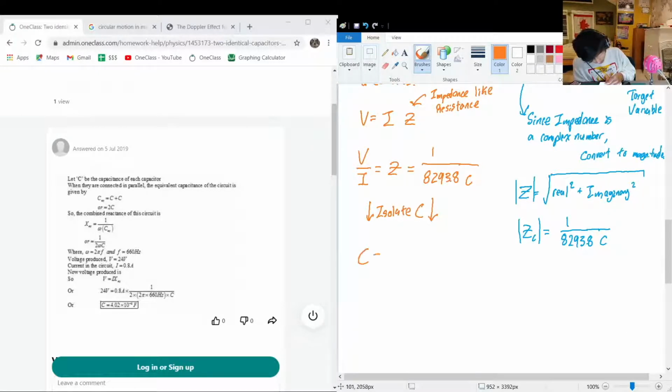So C is going to be equal to I over V times 8,293.8.